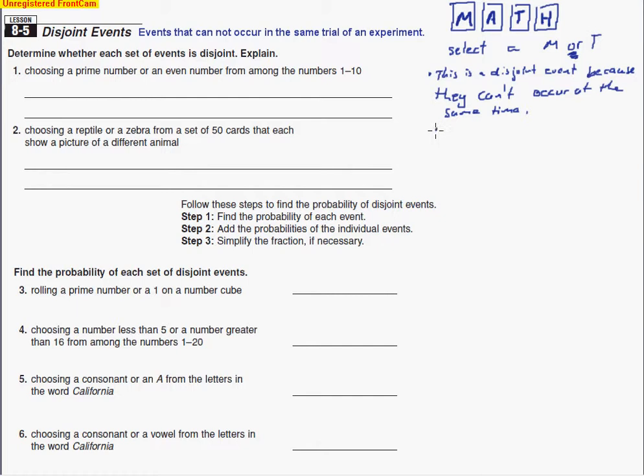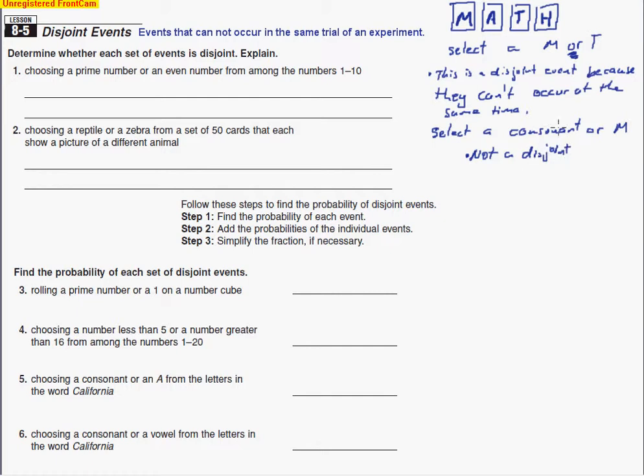Now, let me give you another instance. Let's say I select a consonant, something that's not a vowel, any letter that's not A, E, I, O, or U, or sometimes Y. I select a consonant or an M. Well, this is not a disjoint event, because again, disjoint means they're not together.